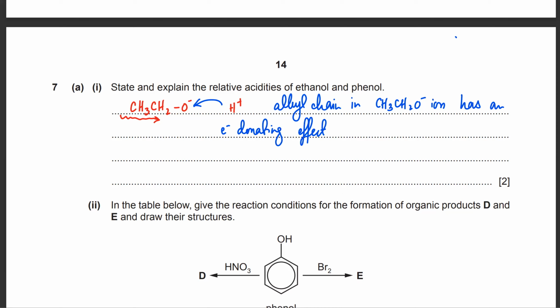And what this does is that the CH3, CH2O -1 ion becomes unstable, and the OH bond strength increases. Because obviously the O -1 would now attract the H+1 a lot more strongly, because the negative charge over here is going to be higher.